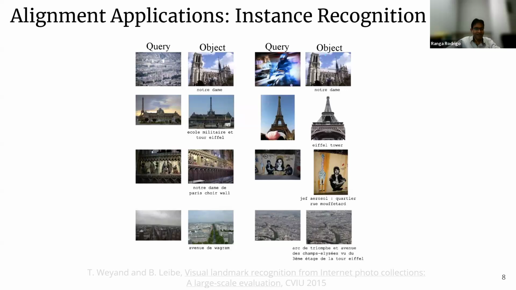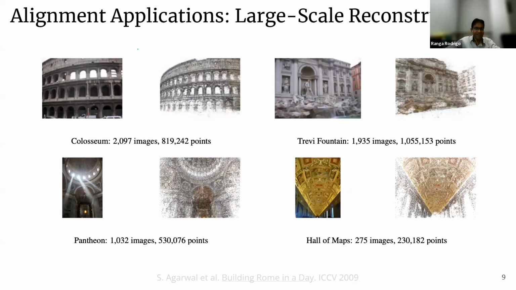And in those days, when you wanted to find similar images on the internet, these kinds of techniques could have been used. These are called visual landmark recognition. And finally, large-scale reconstruction is done by advancing these techniques, but that will not be discussed today. Later on, how to make a large reconstruction can be discussed.